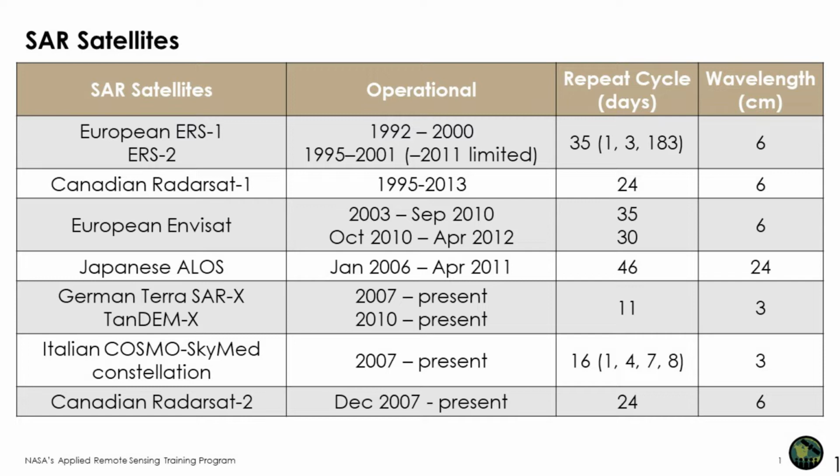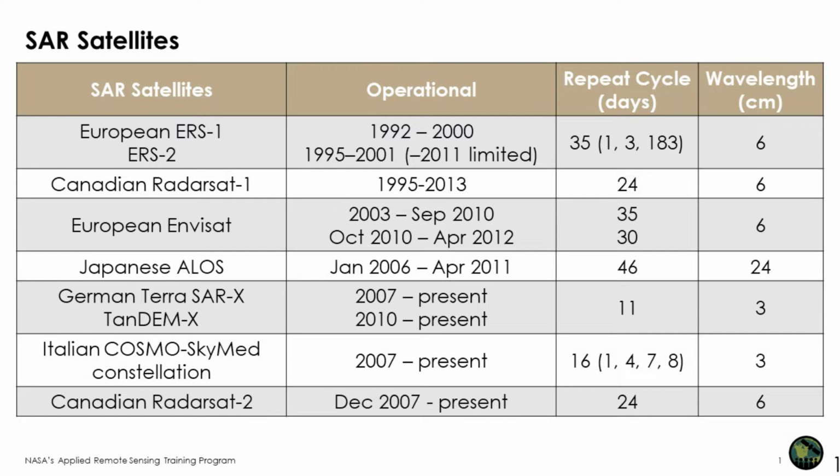And again, this is X-band, so it's a 3-centimeter radar wavelength, and it has a higher rate of decorrelation in these areas.